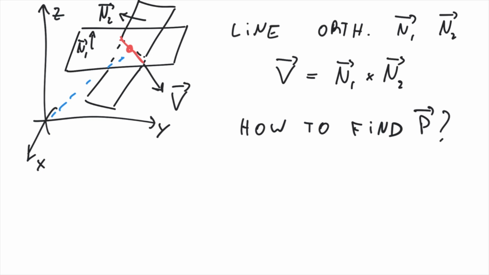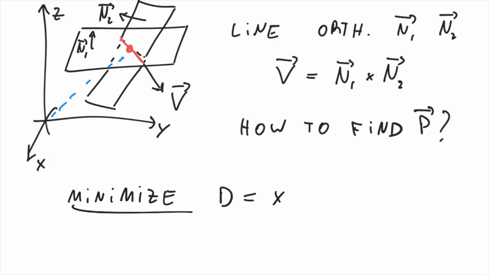And clearly, if I draw a line in 3 dimensions, then there is a single point within this line that minimizes the distance to any given point in space. So now the problem is all about minimizing. So we want to minimize a distance from the origin. So the distance, let's call it distance square, is x squared plus y squared plus z squared.